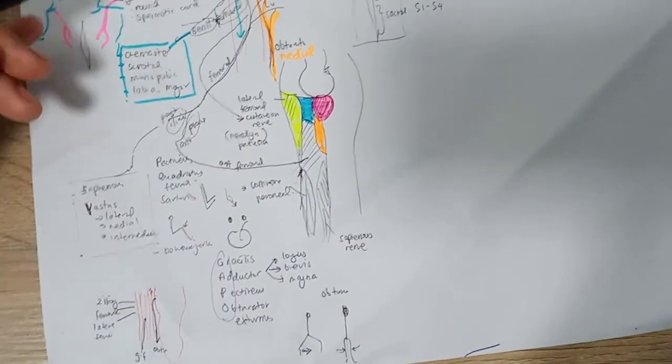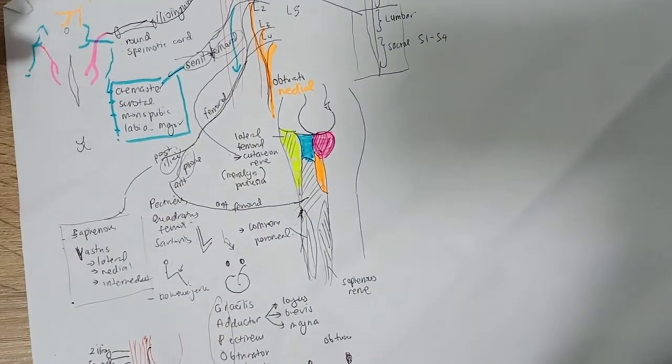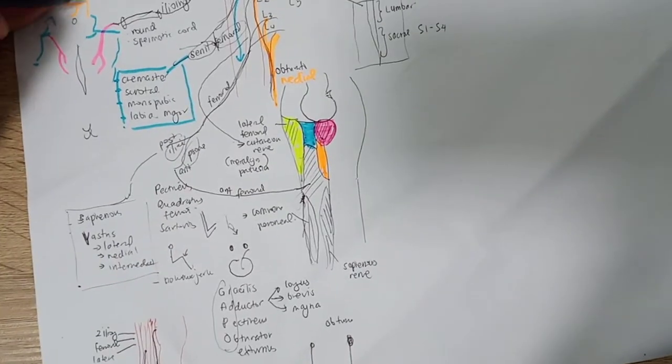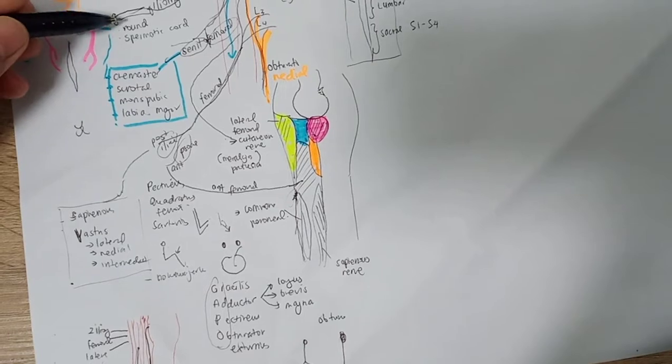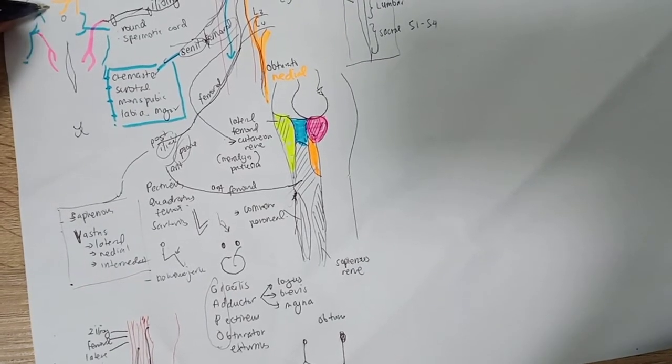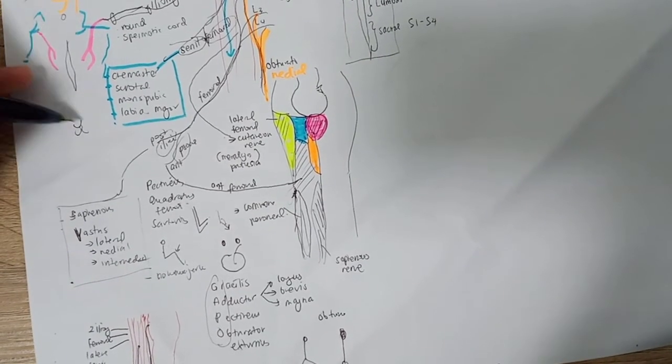So this picture is not yet complete. We have the iliohypogastric here, we have the ilioinguinal to the labia, and we have the genitofemoral, which innervates the mons pubis and also the labia majora.